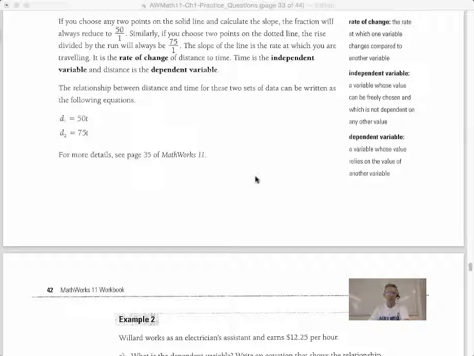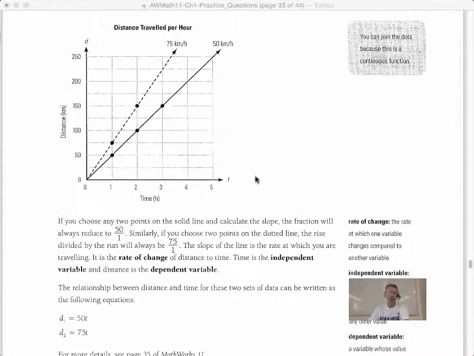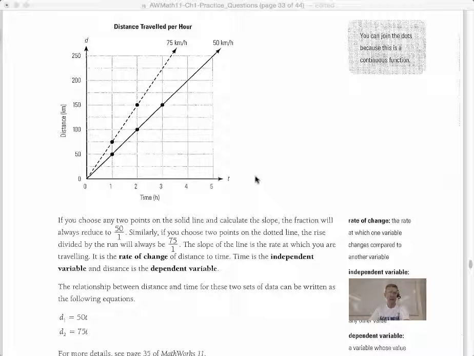Now remember, one other thing we did talk about in grade 10 was that one of these is the dependent and the other is the independent variable. We always put the independent on the x-axis and the dependent on the y-axis.